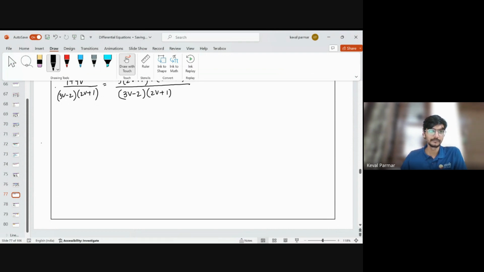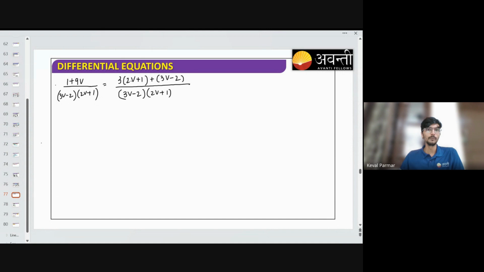Check this once. Open this bracket and the numerator is 1 plus 9v. So if you use partial fractions, we will get the same thing, but this just increases the speed. So if I split now, I'll get 3 upon 3v minus 2 plus 1 upon 2v plus 1.